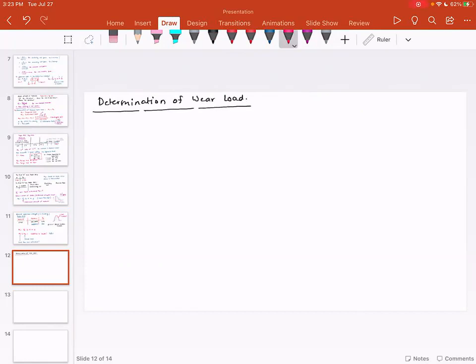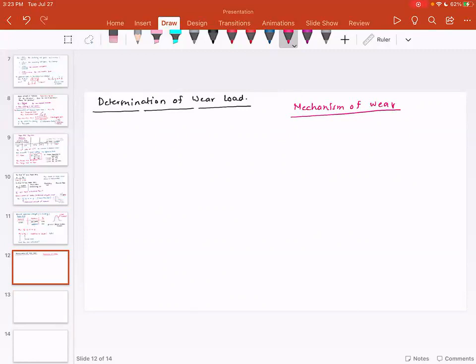Now, let me give you some practical interpretation of this. If you think about the wear, why does anything wear? The wear mechanism is complex and it's a study in itself.